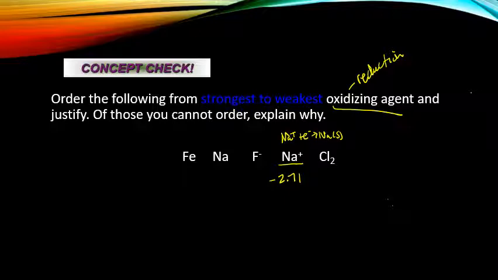For the Cl2, that one had a positive 1.36, and that was the Cl2 adding 2 electrons and forming 2 Cl minuses. So again, the stronger the reduction process is, the more positive the value will be. So the strongest we would have would be Cl2. The weakest that we would have would be the Na+.